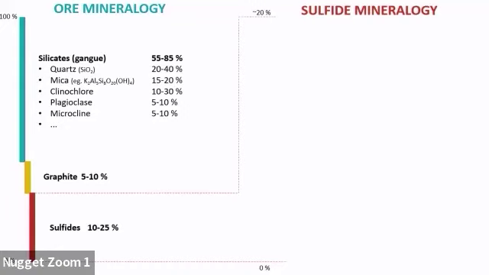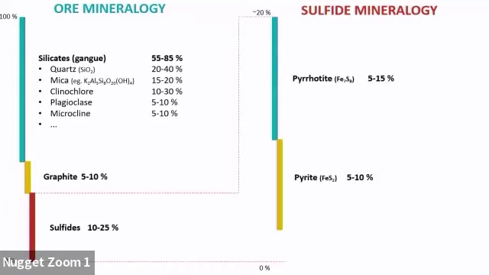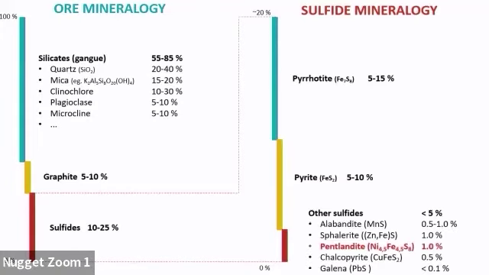And in the sulfides, we have pyrrhotite, pyrite, and other sulfides, in which nickel content you can see here.